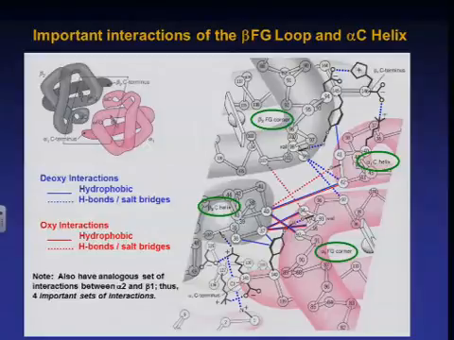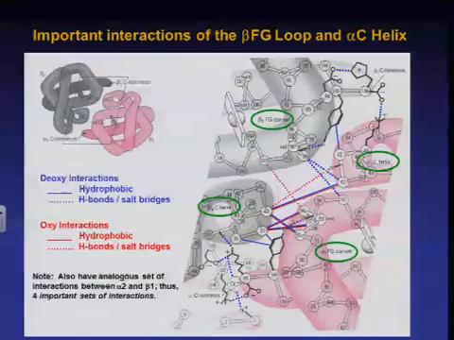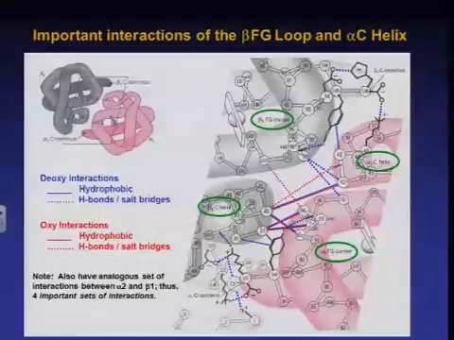If you look in the notes, or if you look here, we've got this set, this set. In blue, you have those interactions that are going on in the deoxy configuration, and in red in the oxy. So if you look in your notes, you'll see that there are some interactions that are maintained.